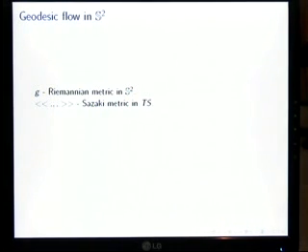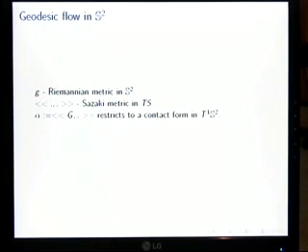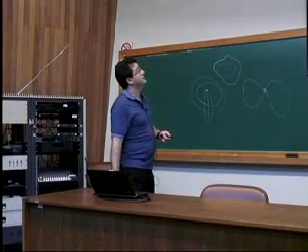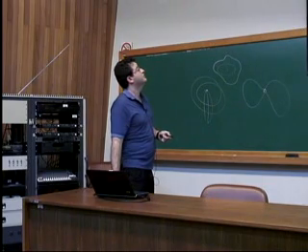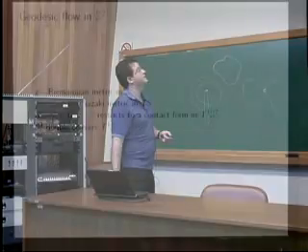I should say something about geodesic flows in S2 that, as was said before by Umberto, you can lift the geodesic flow to a vector field in S3. So you can take the Sasaki metric and contract with the geodesic vector field.